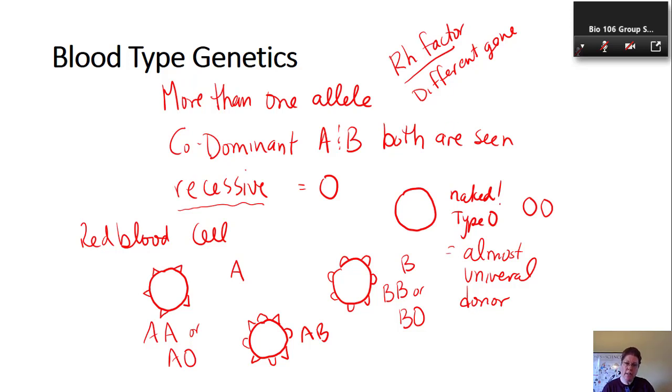Either you're Rh positive, which means you have an extra tag or carbohydrate on your red blood cell, or you're Rh negative, which means you're even more naked. So if you are type O negative, that means you are absolutely the universal donor, because there's nothing on the surface of your blood cells that can be recognized by another organism. So we think of the O negatives as the universal donors.